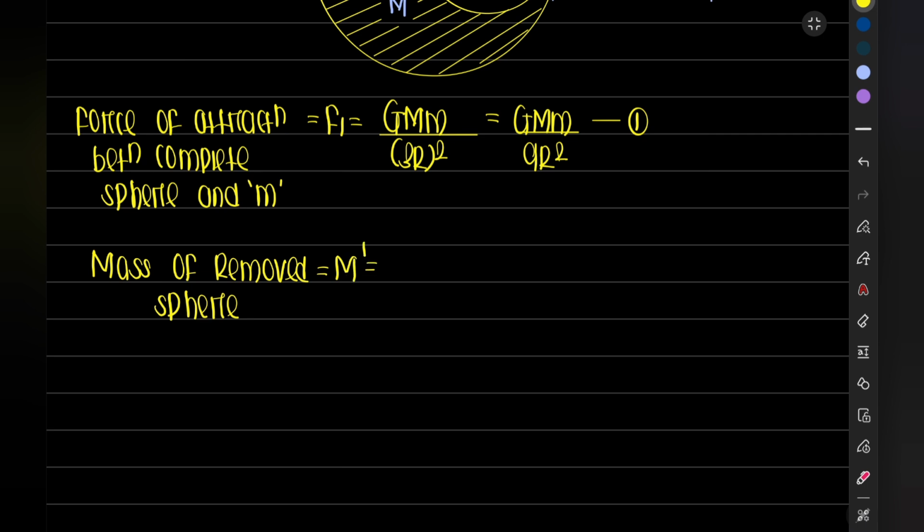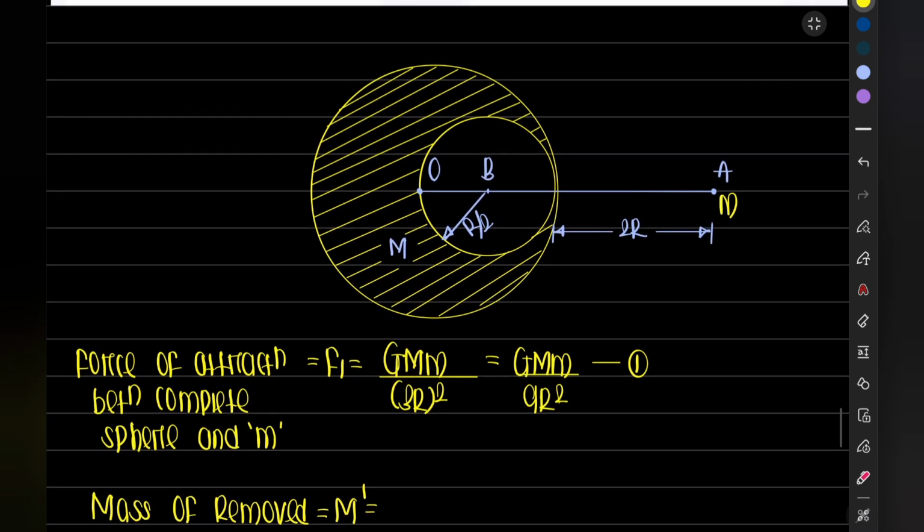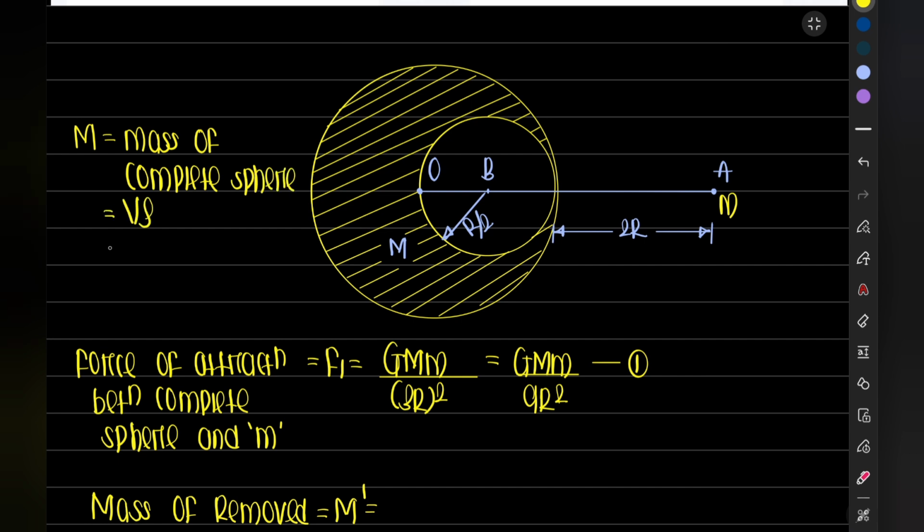Now I know that mass is equal to volume into density. The original mass was capital M, which is the mass of the complete sphere, which is nothing but volume into density.